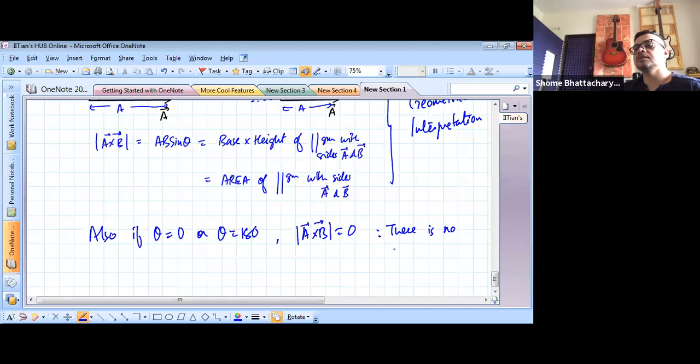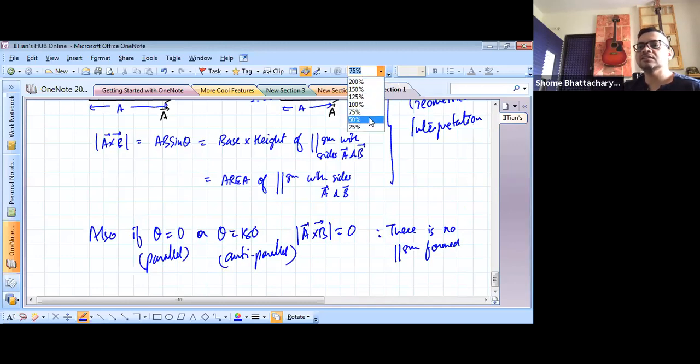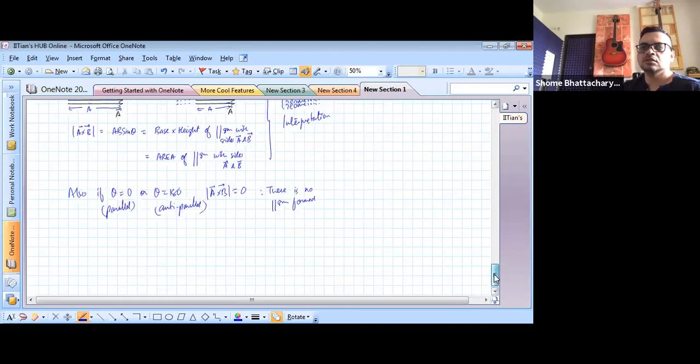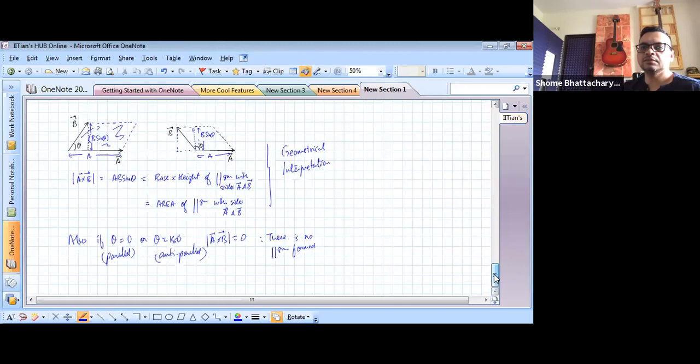There is no parallelogram formed because they are either parallel or anti-parallel. So the magnitude of A cross B becomes 0, and we cannot define any such n cap because there is no unique plane containing A and B.